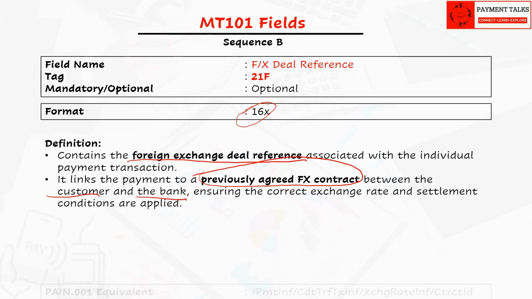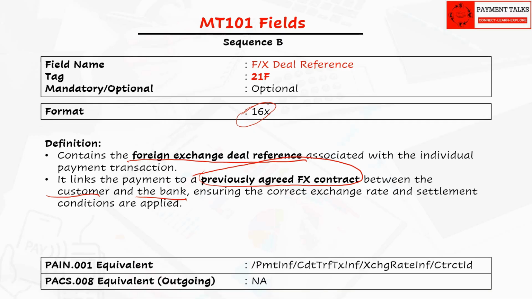In ISO PAIN.001, this information is embedded in the exchange rate section in the contract identification field. This information is between customer and debtor bank only and will not be forwarded in PACS.008 further.